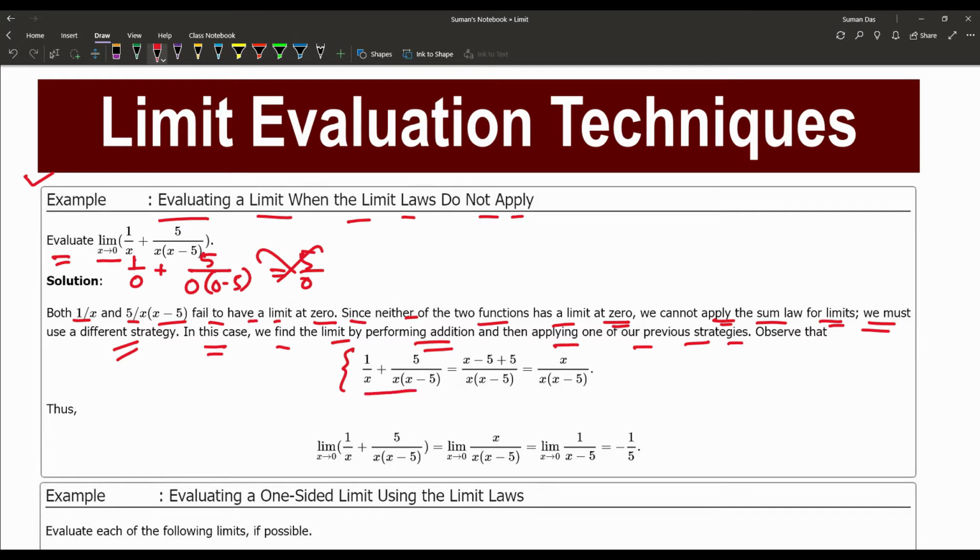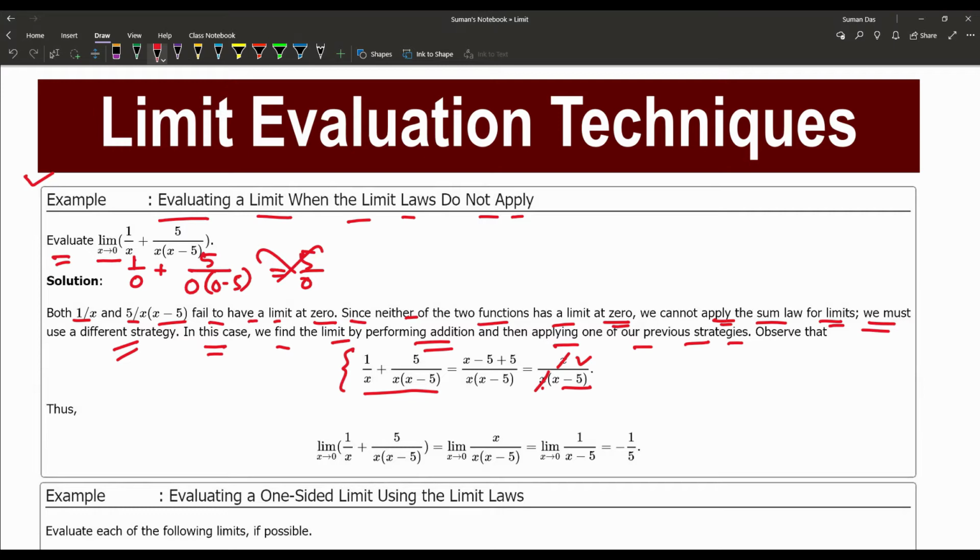At first we add 1/x plus 5/(x(x-5)), and after addition we get the numerator as x and the denominator as x times (x-5). Now we can just cancel the x here.